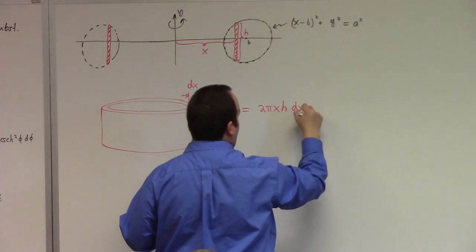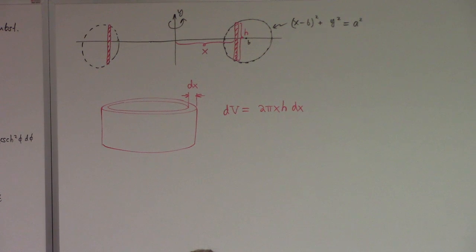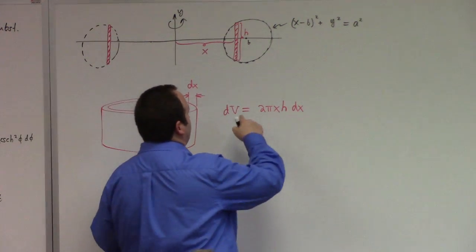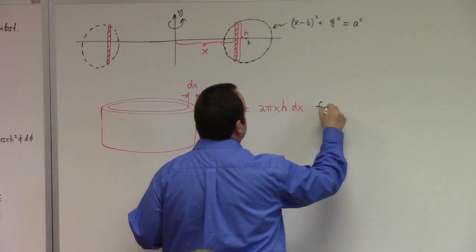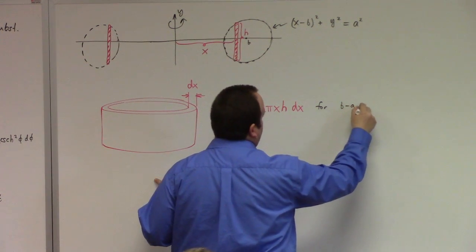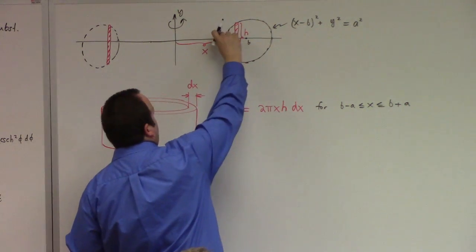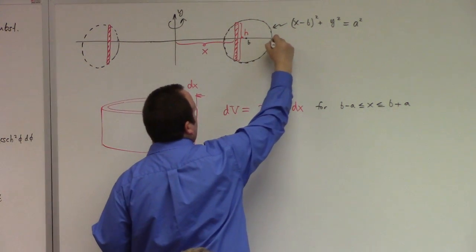That gives me the volume of a typical shell. But h is not an innocent bystander. h depends on x. Although I can say this is for b minus a less than or equal to x less than or equal to b plus a. That's going from here over to there.